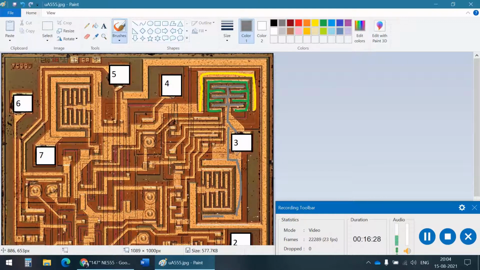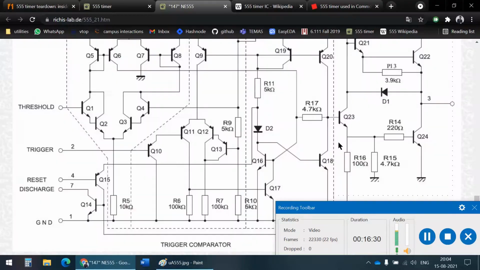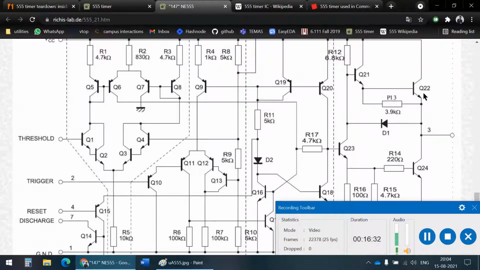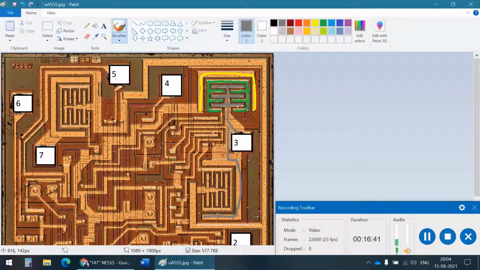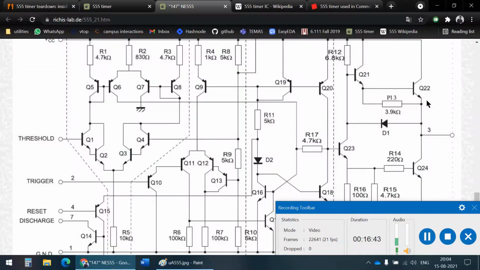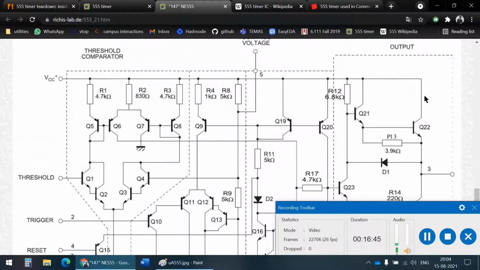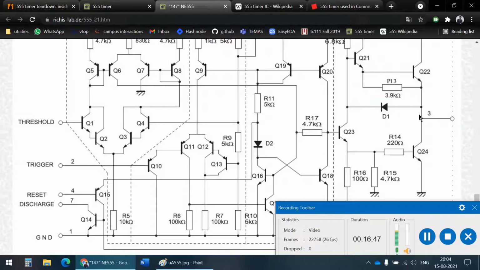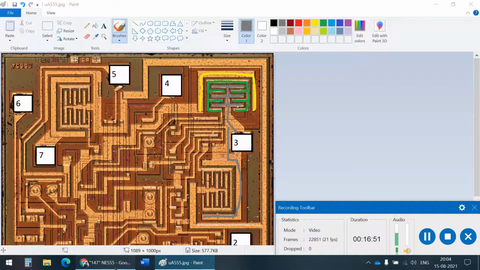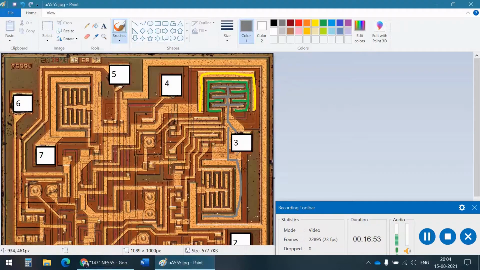Okay, so let's see if that checks out. Here, you see this emitter is connected to pin 3, which is connected to this collector. Okay, wait, that makes sense. So this must be Q22, and this must be the output pin we have here, and Q24 must be this.